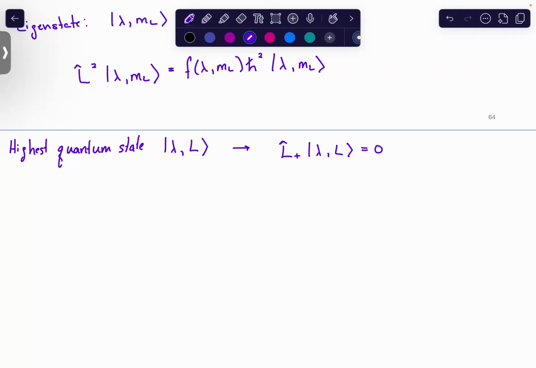And this would be the same for the downward step operator if you had the lowest state. So if you had the ground state, you try to step it down, you get a 0.